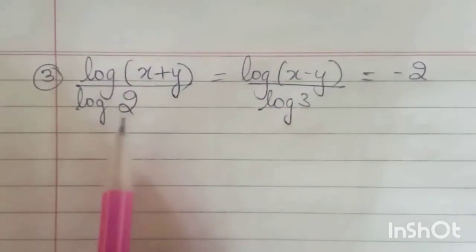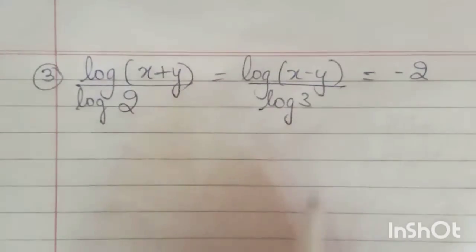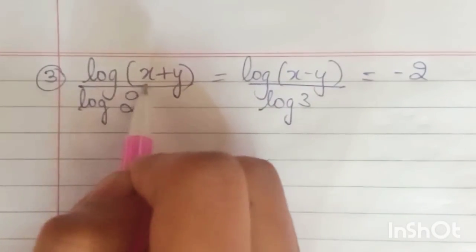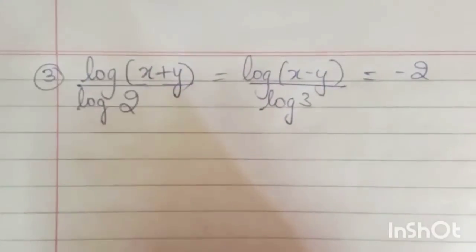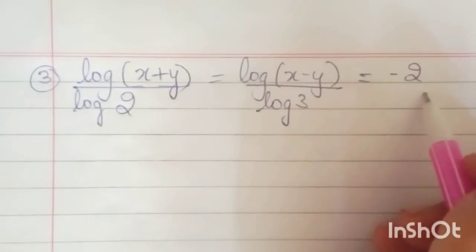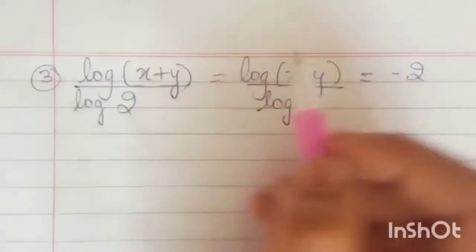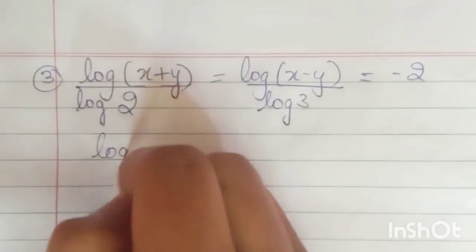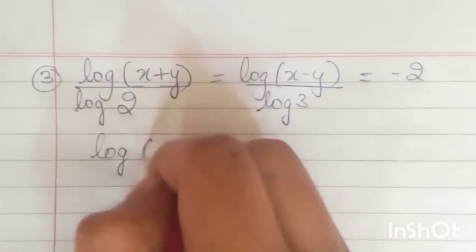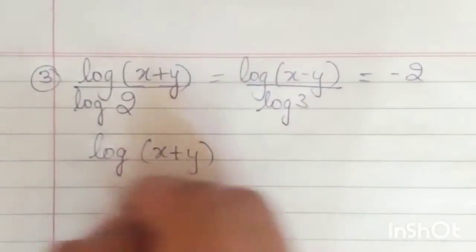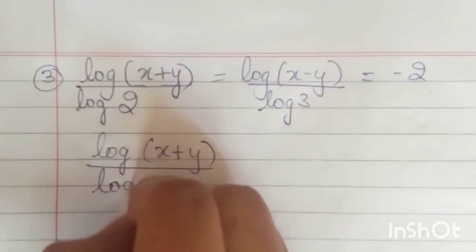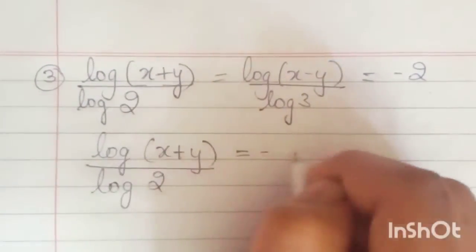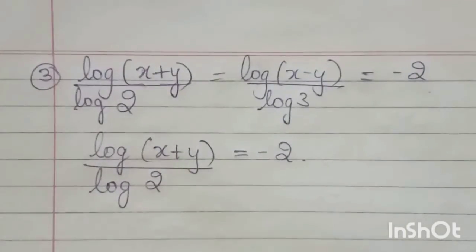Now take this question, okay. First I have here x and y. I have to solve this. Here I don't have any variable, right? So I am taking this equation and this number, okay. First, log x plus y by log 2 is equal to minus 2, okay.